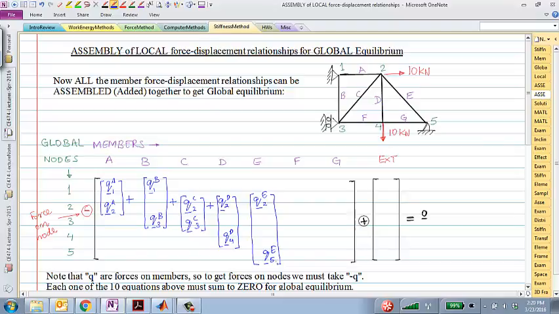These are all 4 cross 1 force vectors which have 2 cross 1 components within them. Okay, what would be the contribution for element F?